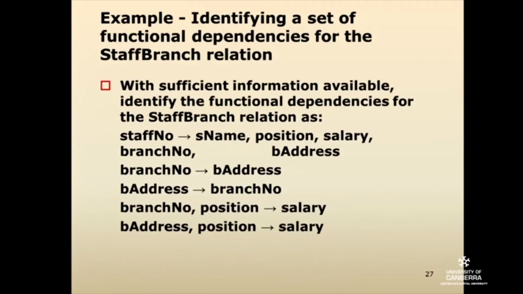So here what we're saying is, from a staff number you can find the branch number, and then from the branch number I can find the branch address. Does this make sense? But from a staff number, I'll just find the staff name. From a staff name, I cannot find anything else. Does this make sense? Hopefully it does.